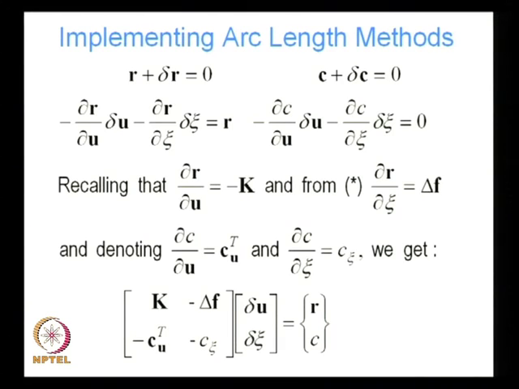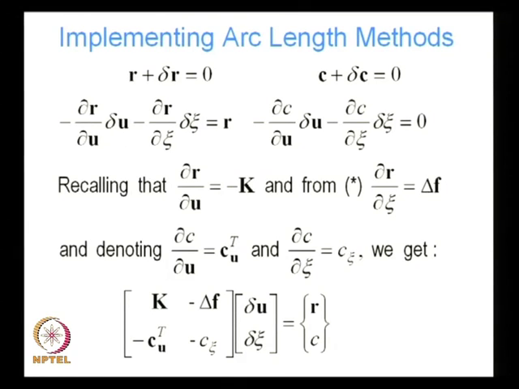So, now I have to solve a coupled system. The combined equilibrium and constraint equations are then solved using a Newton-Raphson procedure. How do we do that? Well, let us see. Again, Newton-Raphson means linearization about the last converged state.